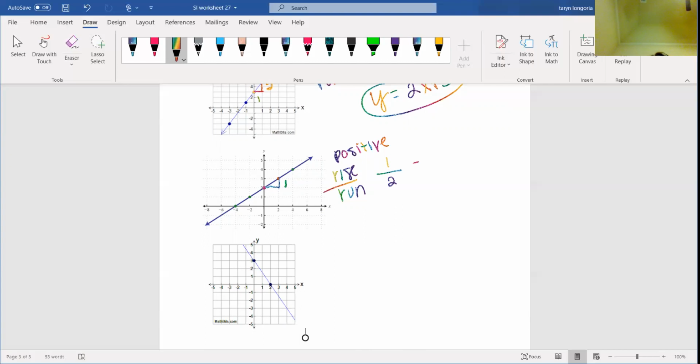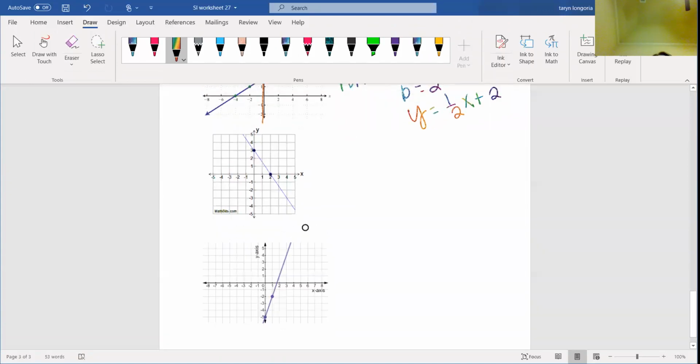And it's positive, so your slope is going to be 1/2. And then your b, your y-intercept, which is where it intersects on this line, it's right here, so that's 2. So it's y equals 1/2 x plus 2.